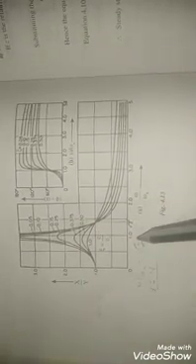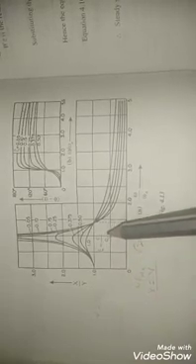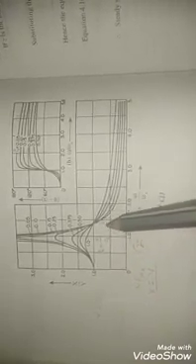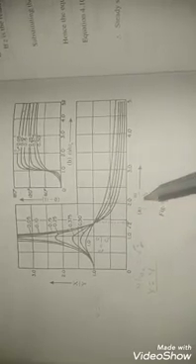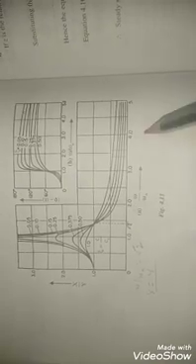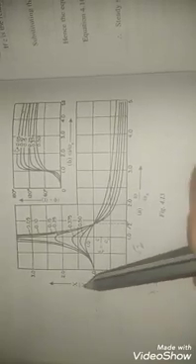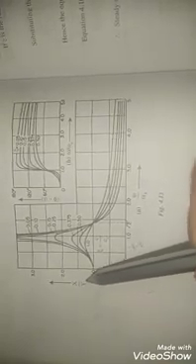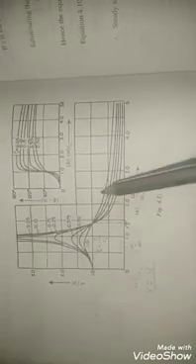At exactly omega by omega n equal to √2, the amplitude of the mass will be equal to the base excitation amplitude. And when the frequency ratio is greater than √2, the mass amplitude decreases compared to the base excitation amplitude. So all the curves here have amplitude less than 1.